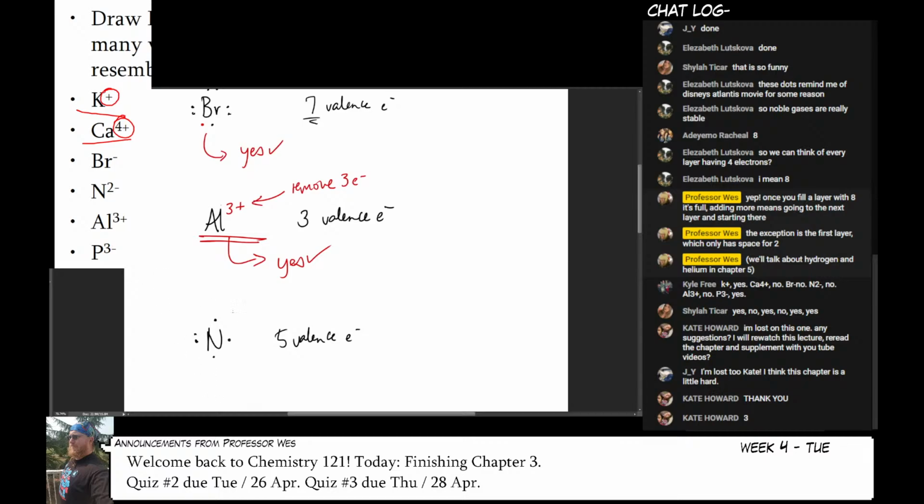And then I'm going to make it N2-, because that's what the problem's asking for, right? So this means add 2 electrons. I'm going to add 1, 2. You can add any 2, it doesn't matter. But did I reach an octet? Well, no, I have space right here, don't I? So no, this does not satisfy the octet rule.